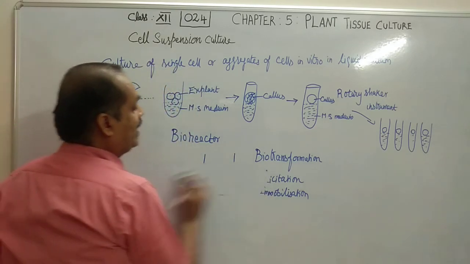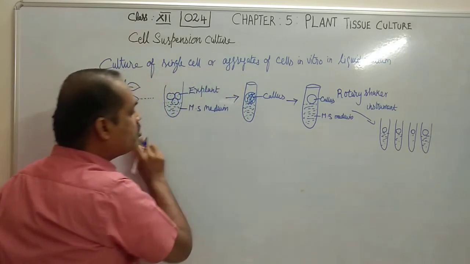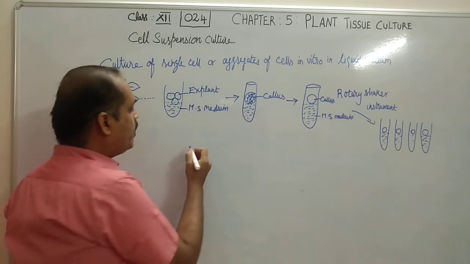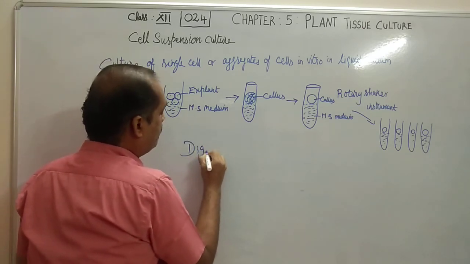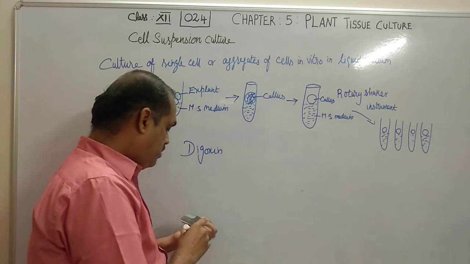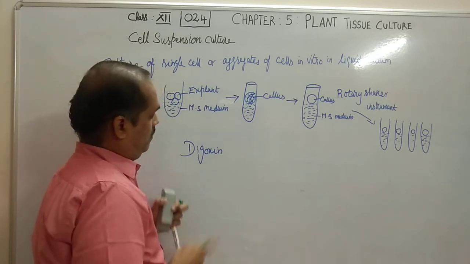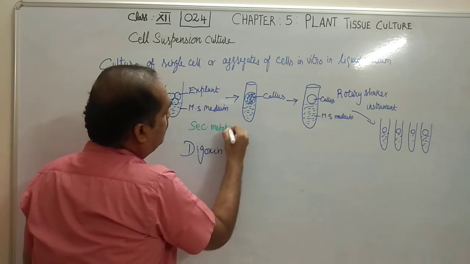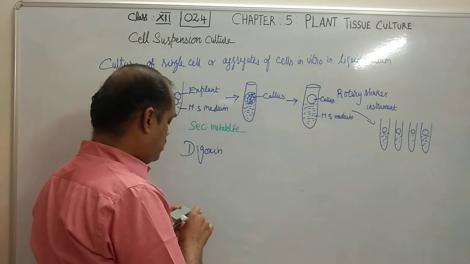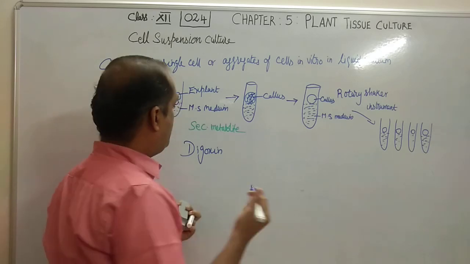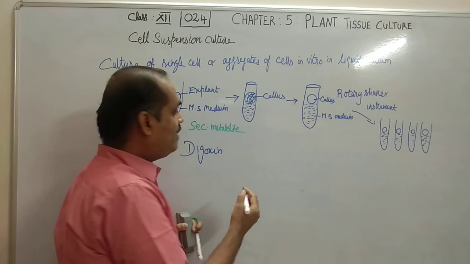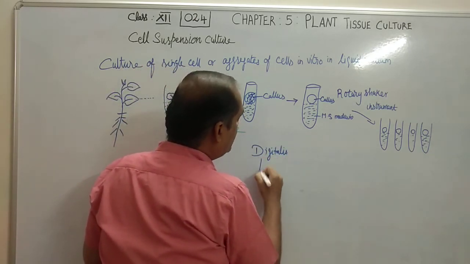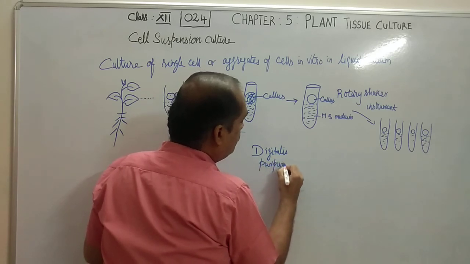Now let us see a few examples of industrially used secondary metabolites. The first one is digoxin. Digoxin is a secondary metabolite taken from the plant source Digitalis purpurea.